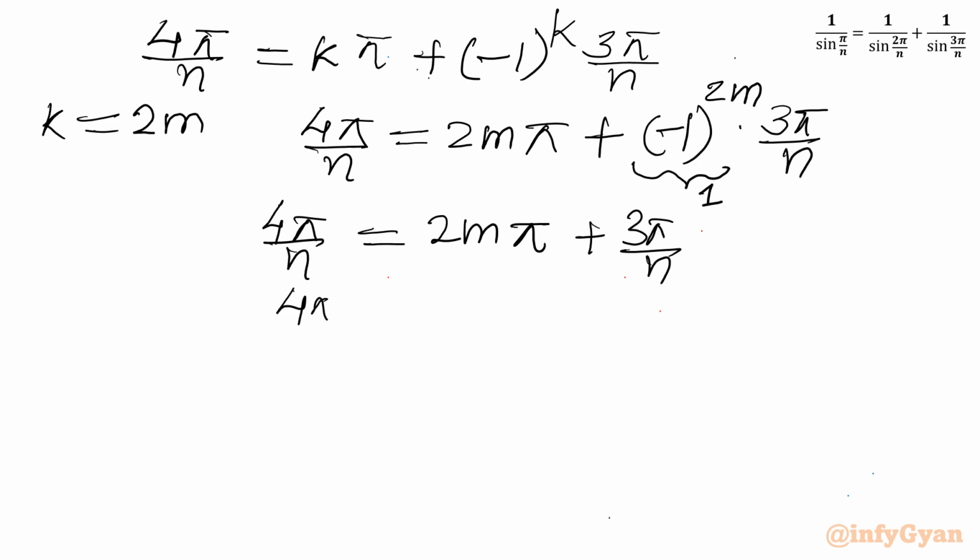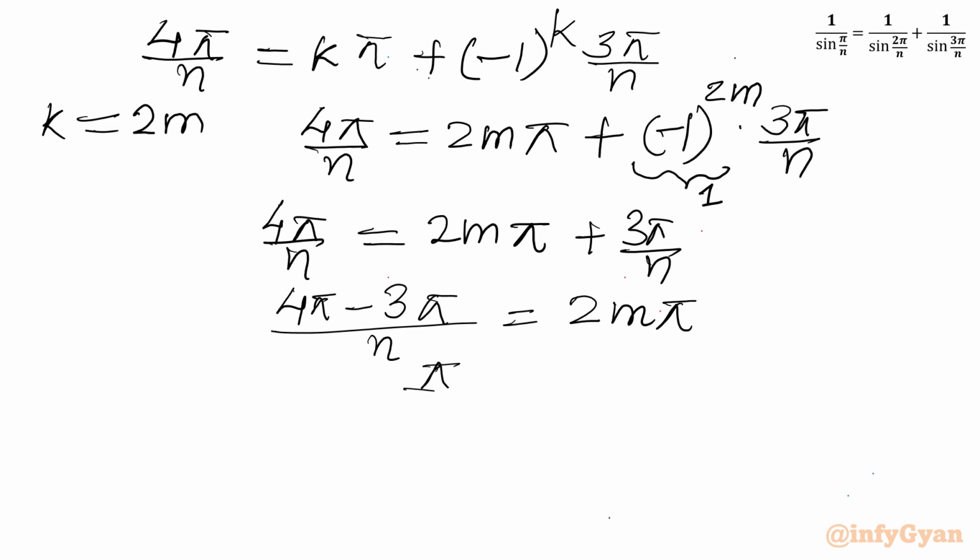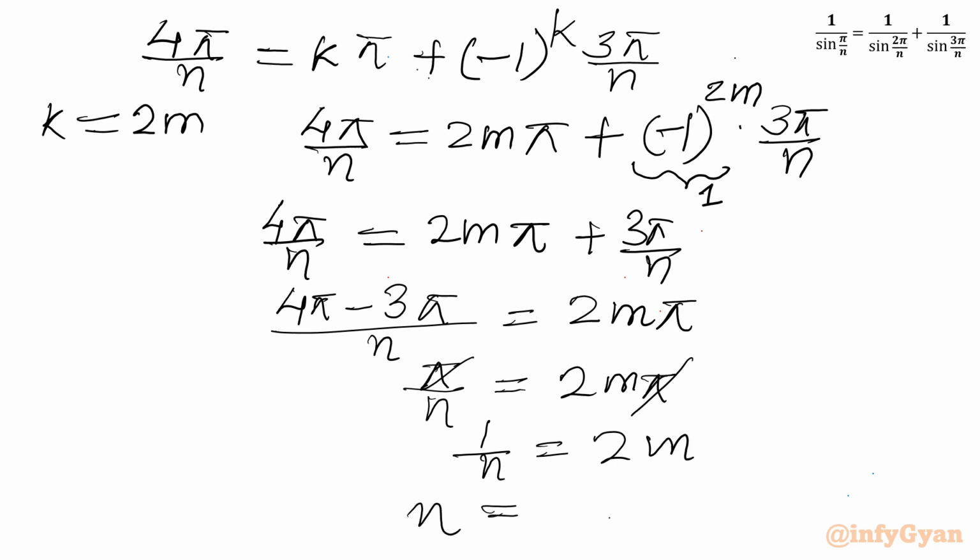Now 3 pi over n I will take to LHS. So 4 pi minus 3 pi over n will be equal to 2m pi, or pi over n equal to 2m pi. Pi will cancel. So 1 over n equal to 2m, or n is equal to 1 over 2m. This is for k equal to even.